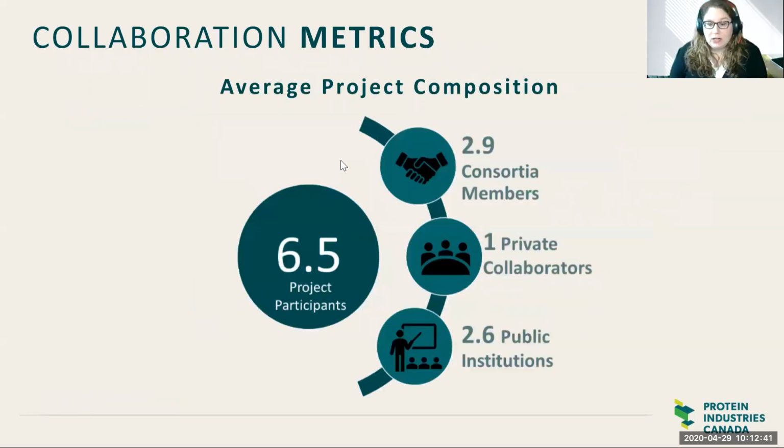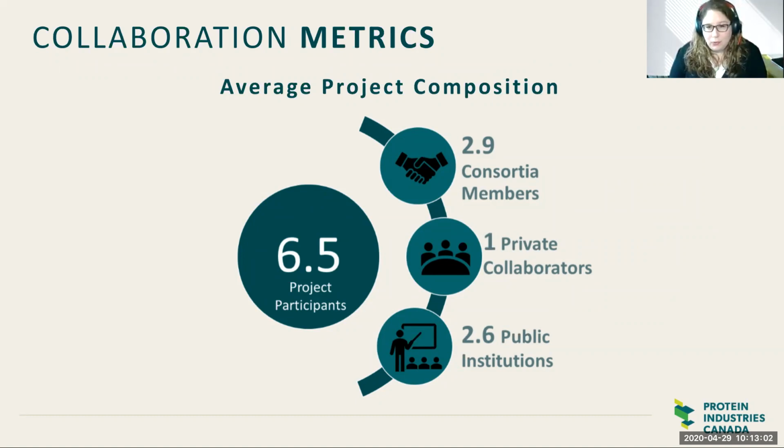As a supercluster, our goal is to encourage collaboration. This collaboration metric graphic is a good example of how our average projects are represented in the pipeline. We require a minimum of 2 companies involved in the consortium, and those are the organizations that sign the funding agreement.